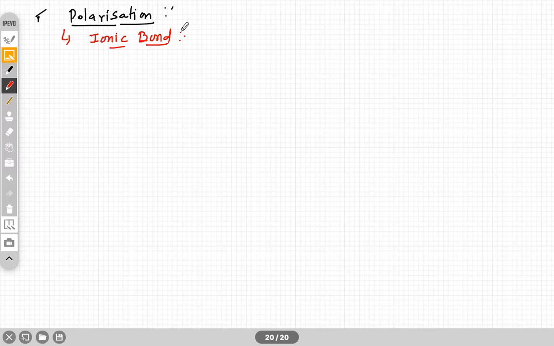I'll explain this. First, you write down. Okay, again, I'm repeating this. Whenever a cation approaches an anion, there's tendency of distortion of electron cloud of anion.